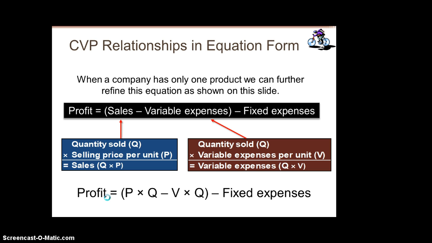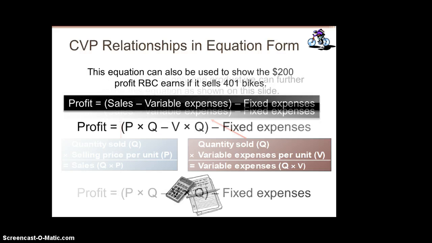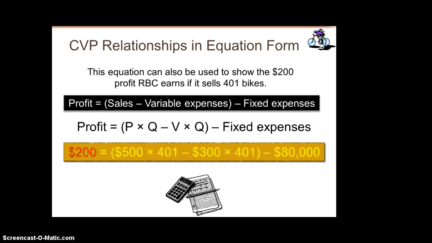When a company only has one product, we'll see later on when a company has more than one product, basically we can determine the profit by taking the price times the quantity minus the variable cost times the quantity minus fixed cost. People who like algebra like to work with equations. It can be done this way also. So for instance, going back to our Racing Bicycle Company, price of $500 times 401, which is the number of units sold, minus 300 times 401, less the $80,000, gives us $200 of profit.